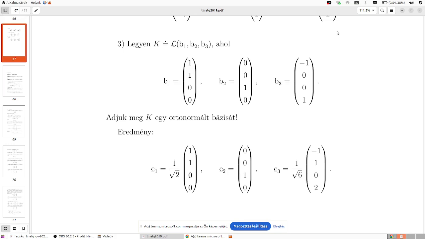So what we will do is the orthonormal transformation. This is the third exercise from the test. So let's see the following basis.